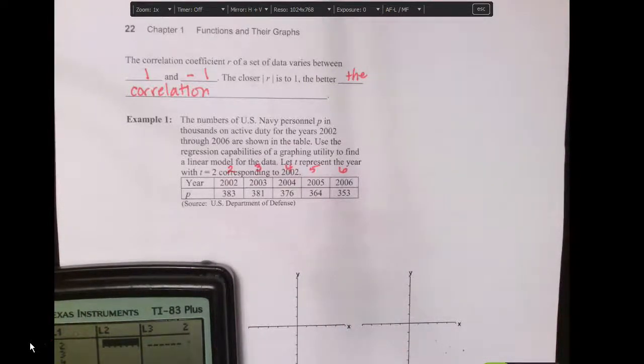So we've got 383, 381, 376, 364, and 353.